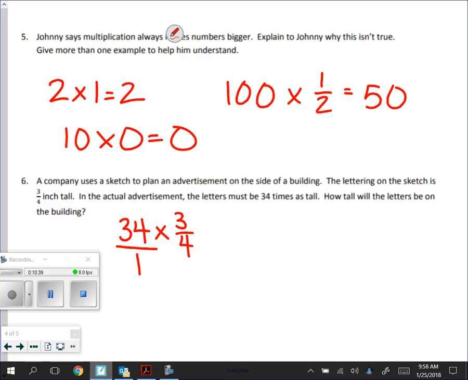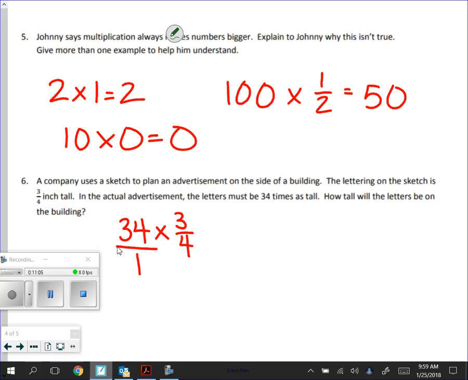I'm going to do my cross simplifying. Do you have to do that? No, I'm just doing it because I already see that I can. I know that 4 can't go into 34. I know 4 goes into 32. But I know that there's a number that can go.